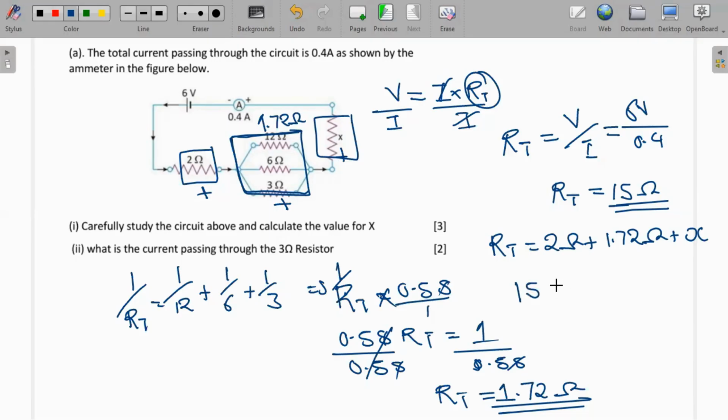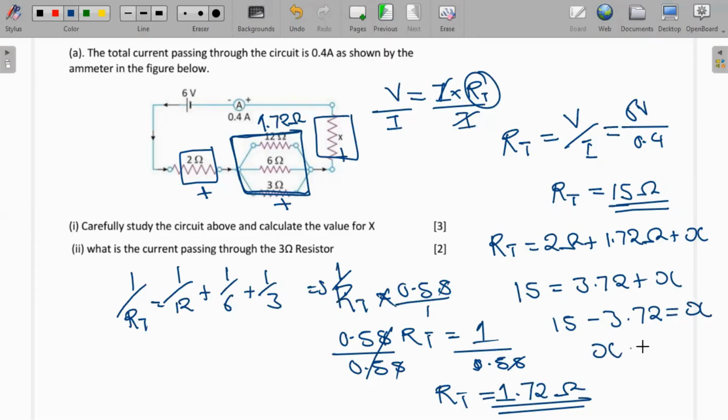So 15 will be equal to 2 plus 1.72, which gives us 3.72, plus X. So 15 minus 3.72 will be equal to X.